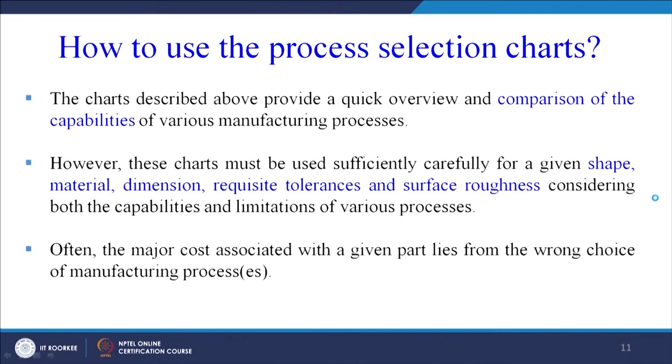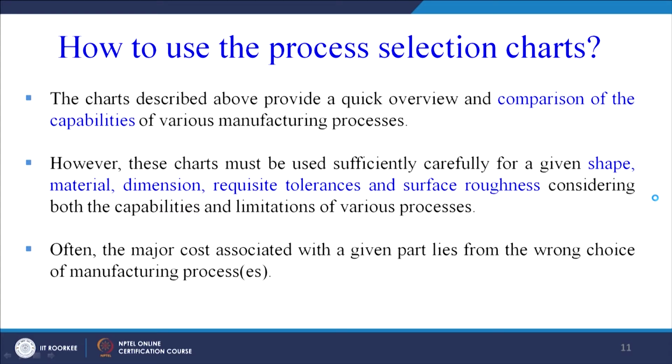Now, how to use the process selection charts, we can quickly see in the next 3-4 minutes. The charts described above provide a quick overview and comparison of the capabilities of various manufacturing processes, and I totally agree with this sentence, that we can very easily compare the different processes based on the range for which the different attributes can be taken care of. We have seen the different attributes by now.